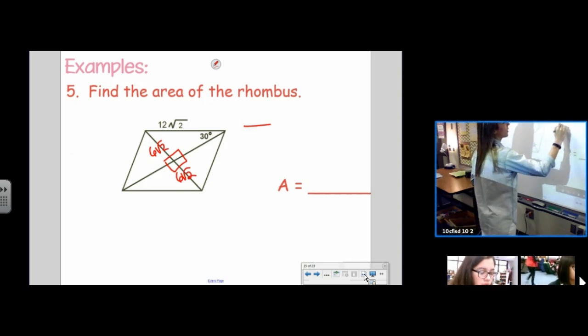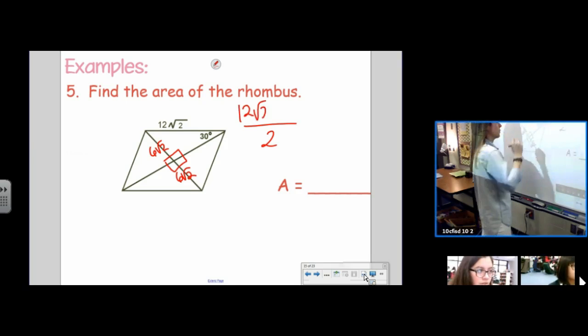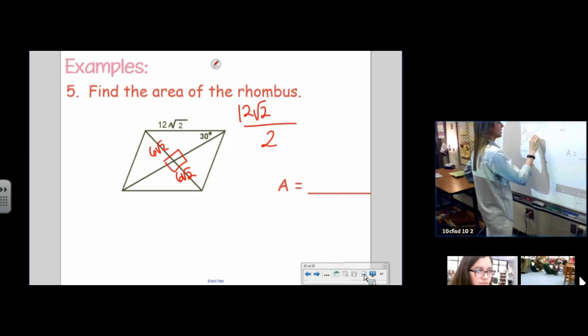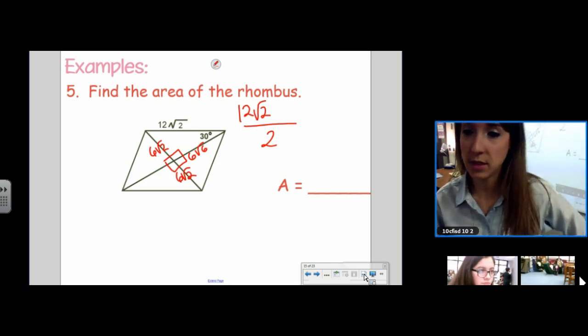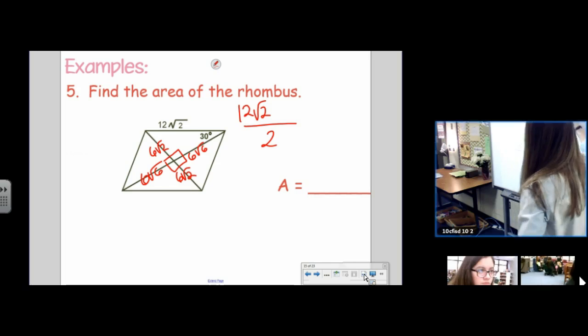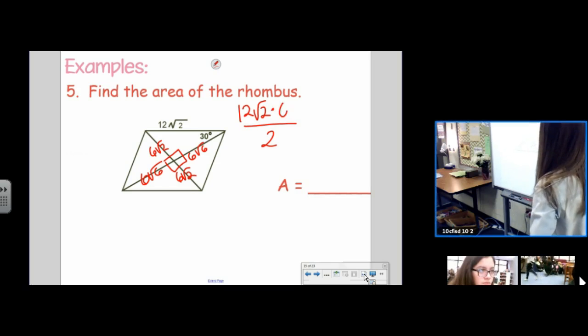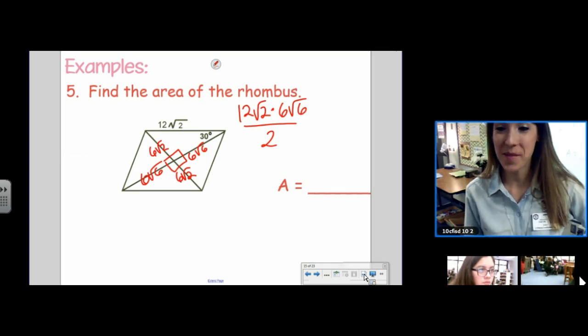So we now have one of our diagonals, 12 root 2. Our other diagonal, this is x root 3, so 6 root 2 times root 3 would be 6 root 6. We know the diagonals bisect each other, property of a rhombus, well, a parallelogram rather. Diagonal 1 times diagonal 2 divided by 2.